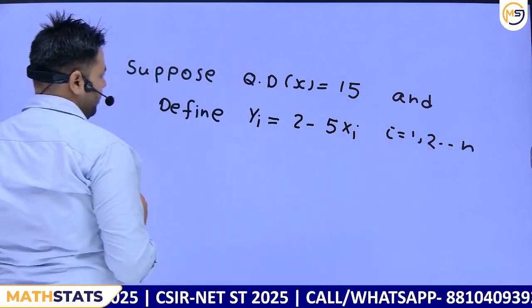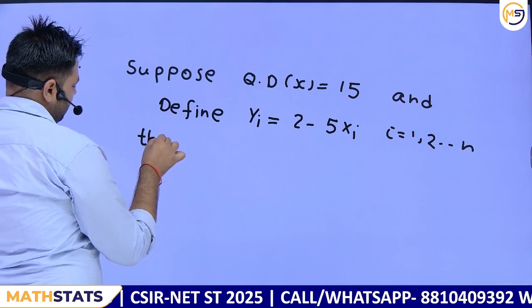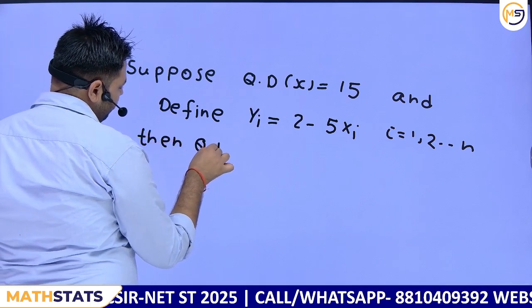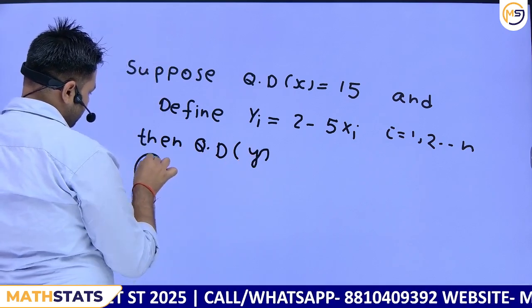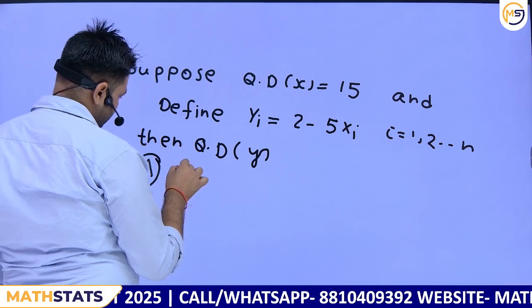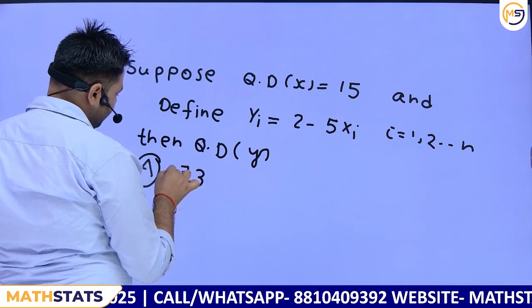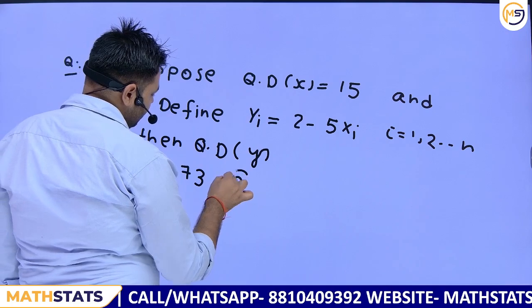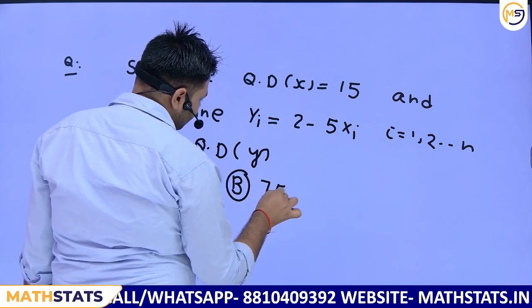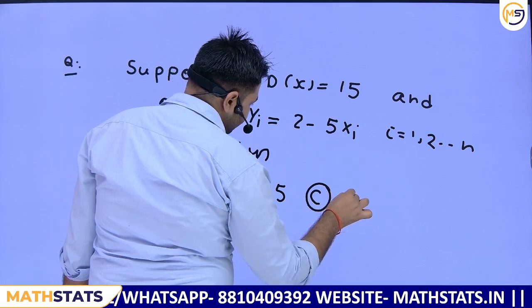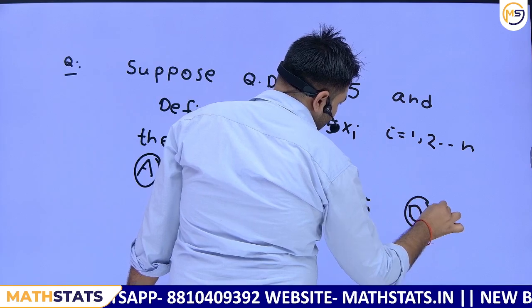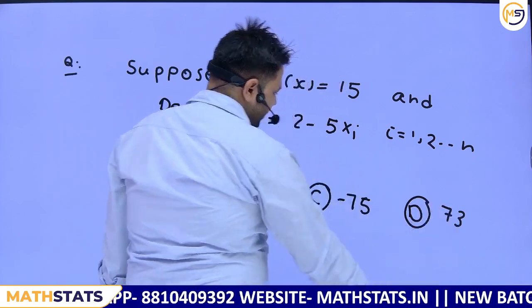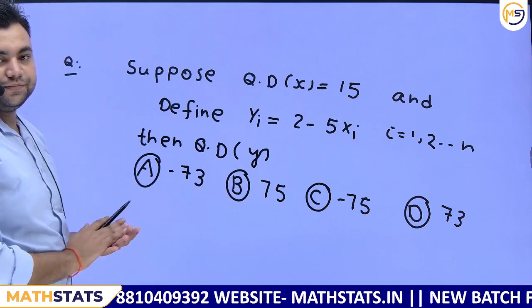Then what is QD of y? First option minus 73, B option 75, C option minus 75, D option 73. What is the answer of this question?